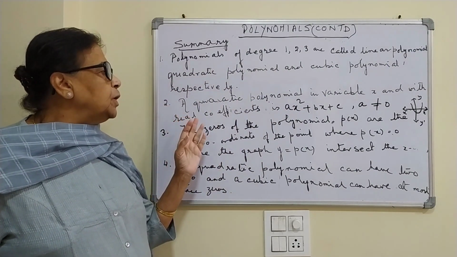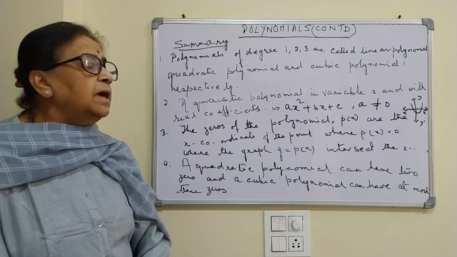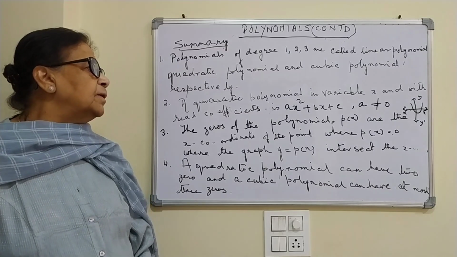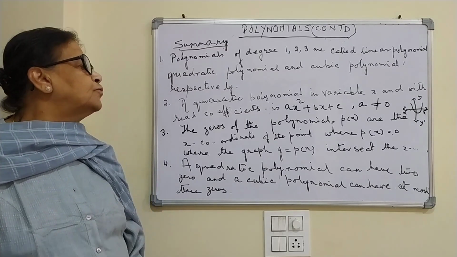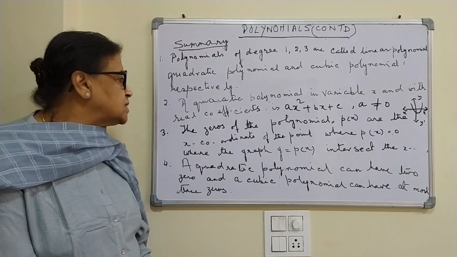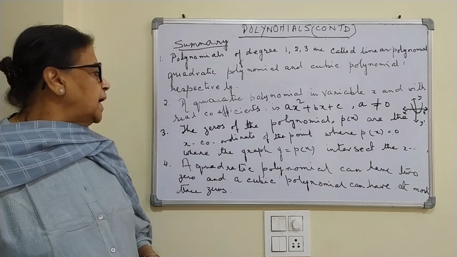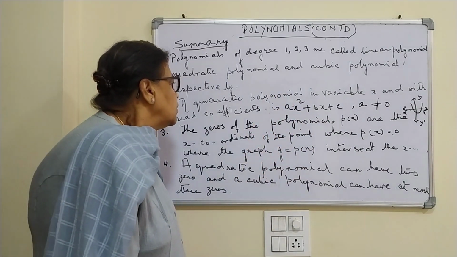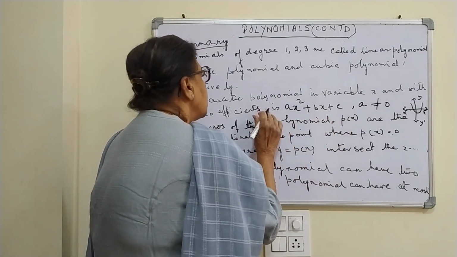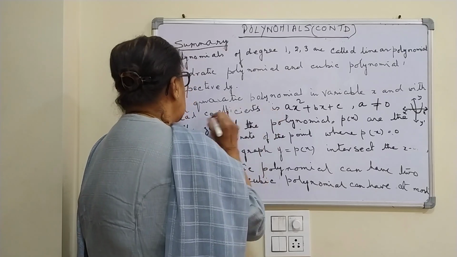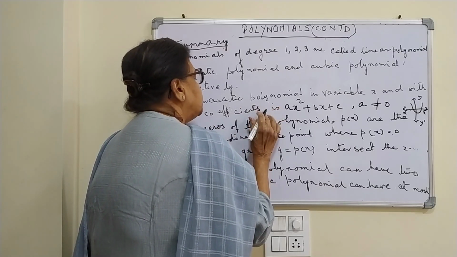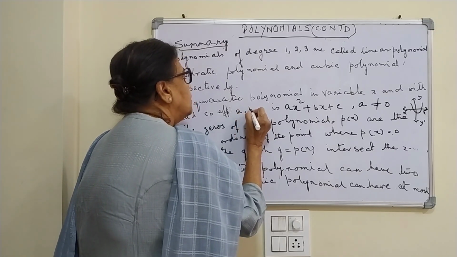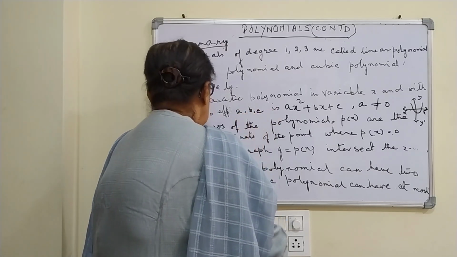A quadratic polynomial is in the variable x and with the real coefficients ax square plus bx plus c, where a, b, c are real coefficients.